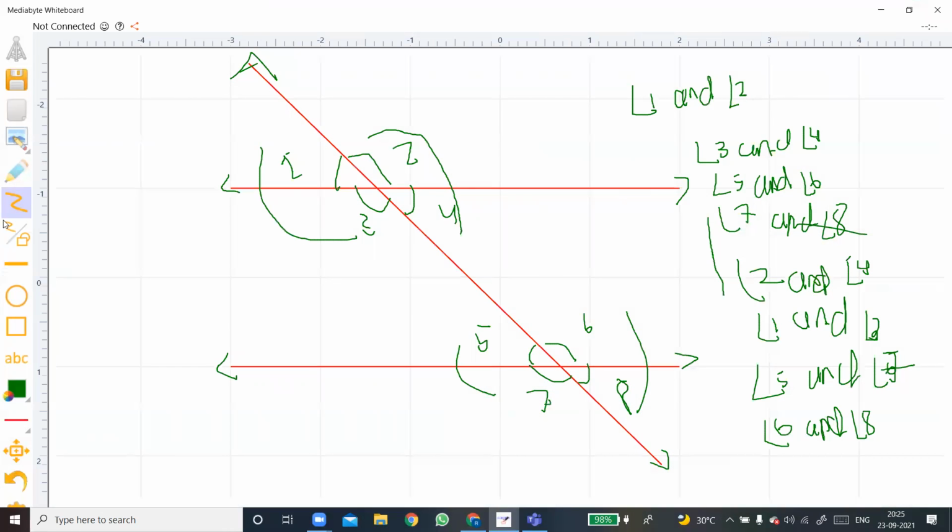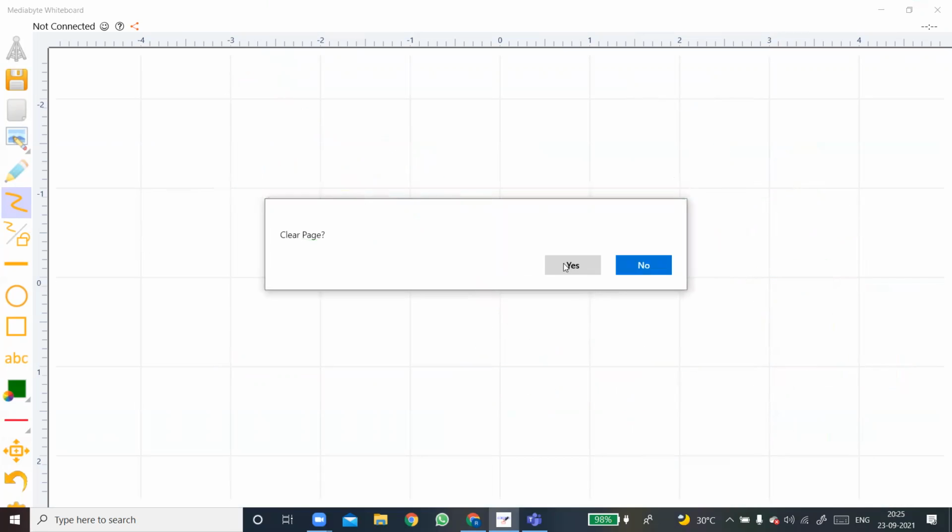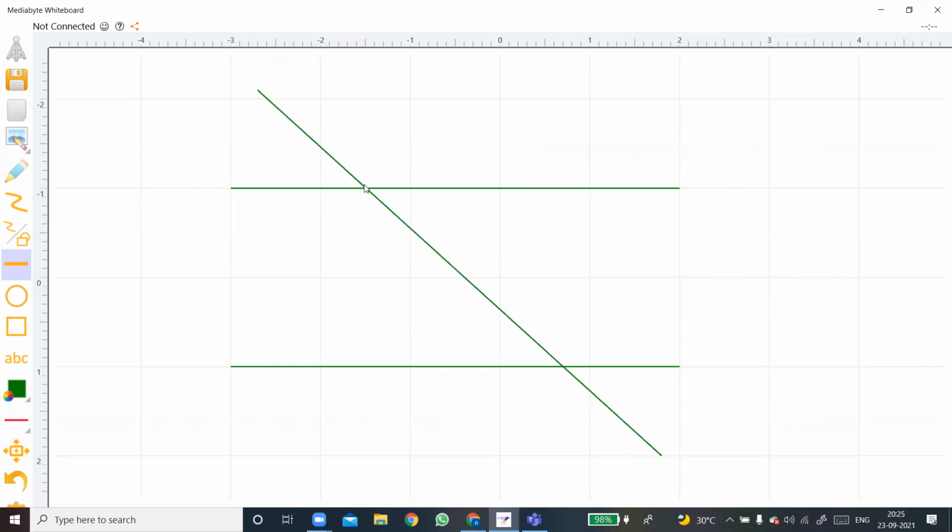Now you're going to see what alternate interior angles are. Alternate interior angles are angles which are inside the transversal, on this portion and this portion. So there we'll find alternate interior angles.